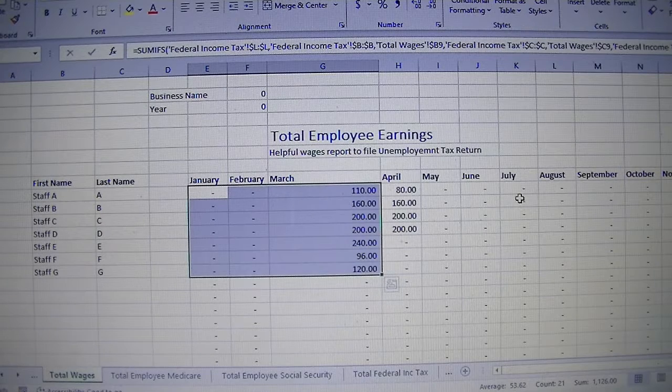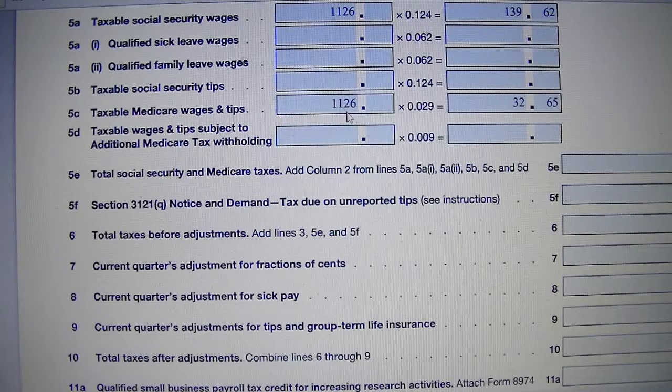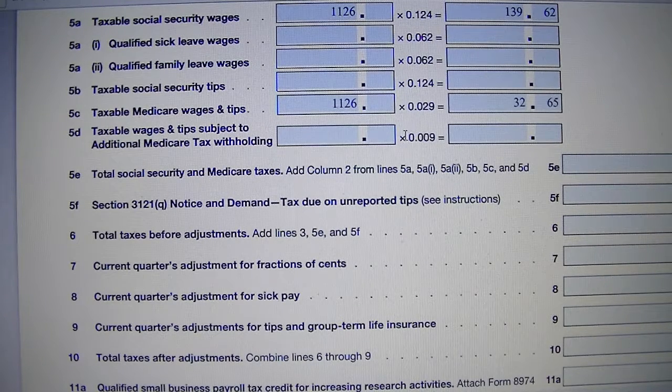So if at some point one of them is more than 200,000, then the wages for that quarter will be multiplied by 0.029, and if that employee went over $200,000, then an additional 0.009 will be applied to the wages as well. So the employer does not pay that, just the employees.